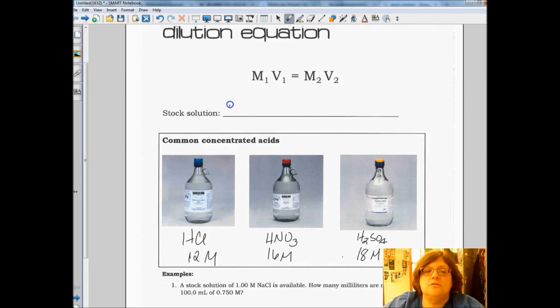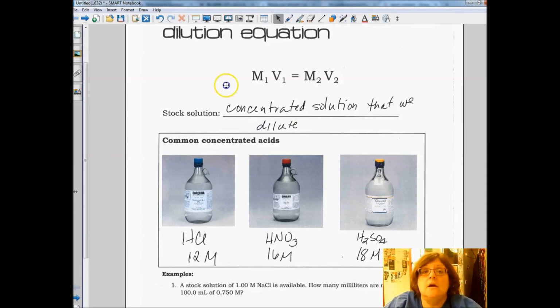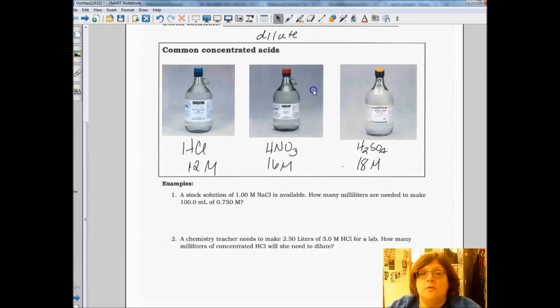Stock solutions are simply concentrated solutions that we dilute. The way we calculate what we need, we use the molarity of one solution times its volume, and we set that equal to the molarity of the second solution times its volume.